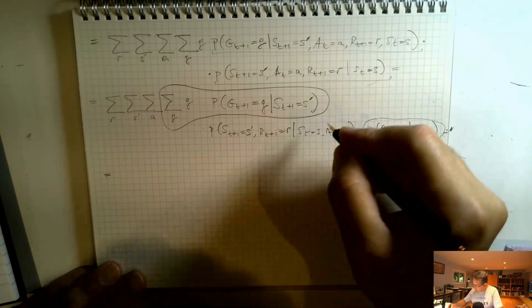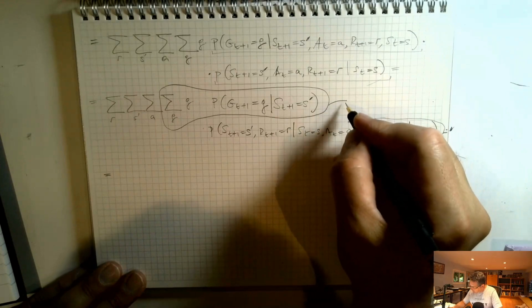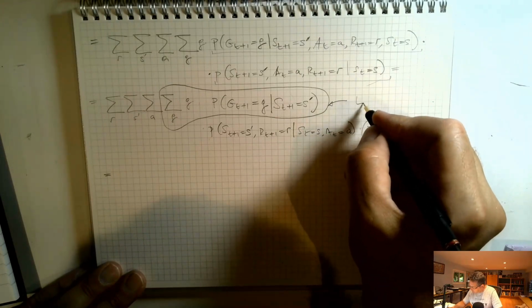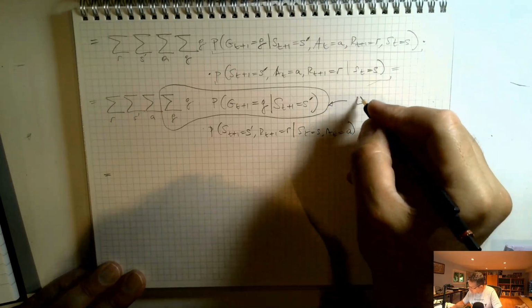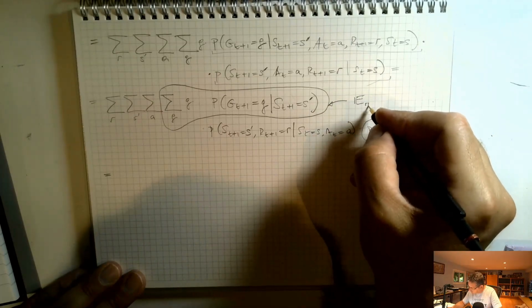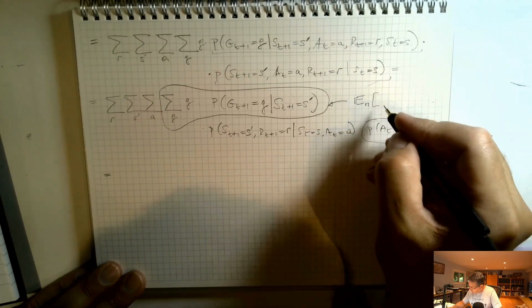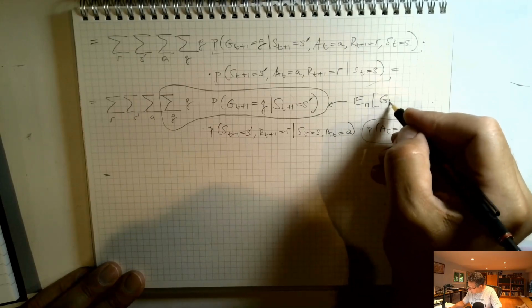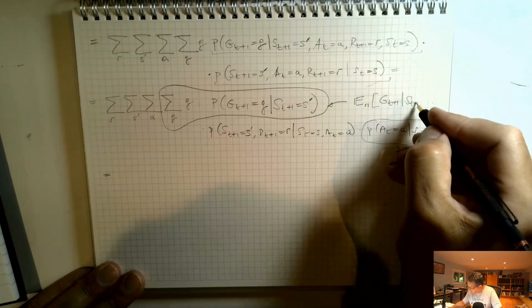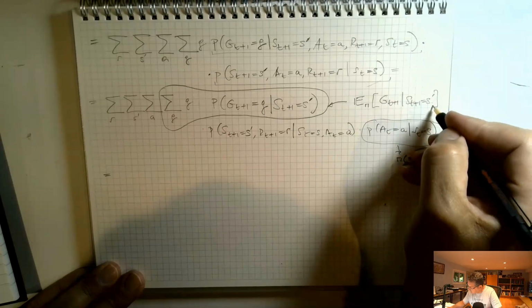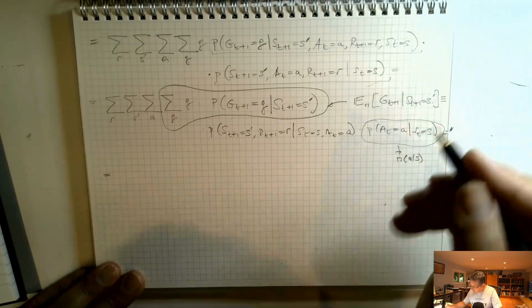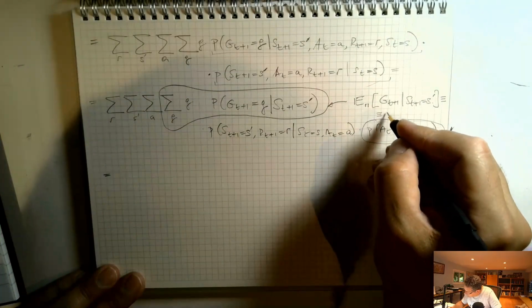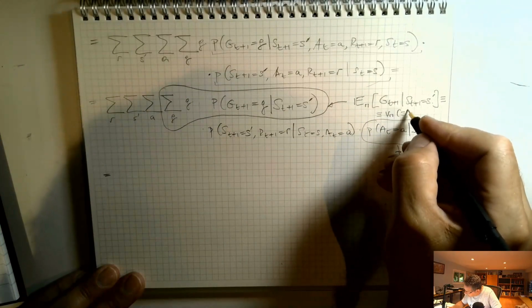And this term is by definition an expectation, but this time an expectation over pi, of G_{t+1} given S_{t+1} equals s prime, which by definition is the v pi of s prime.